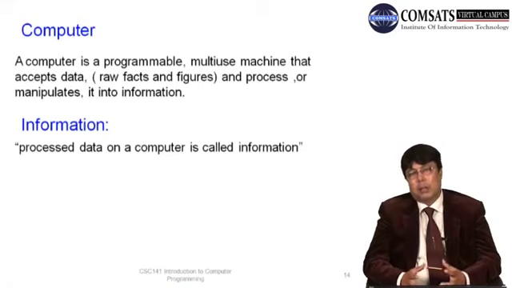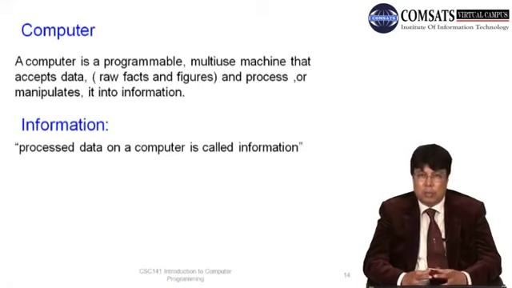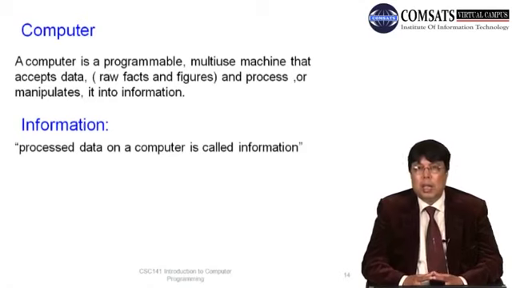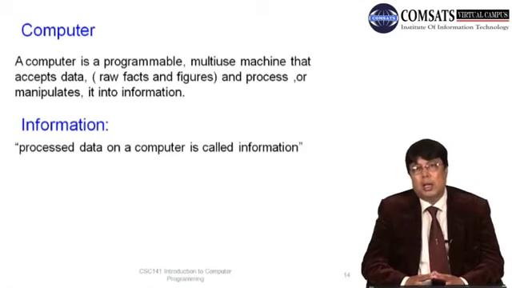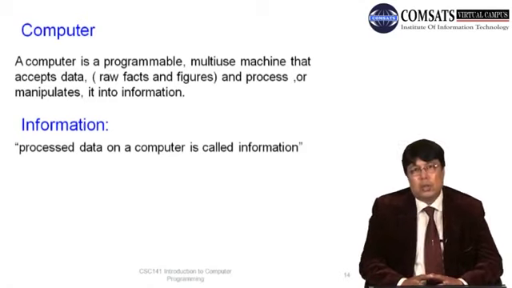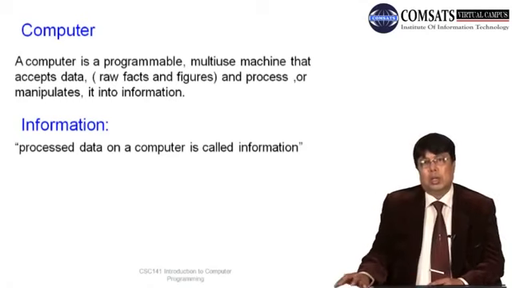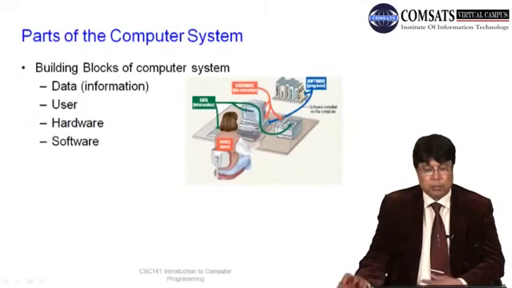So you will extract and present this information, you will manipulate this information, and this manipulation is basically the processing, and that converts the raw fact to information. So processed data on a computer is called information.